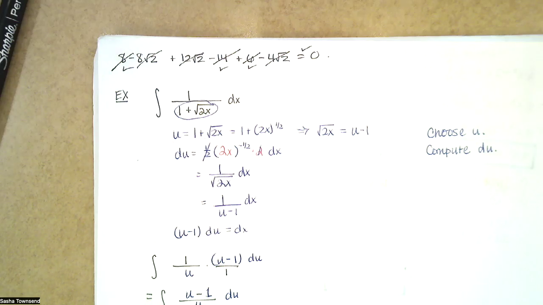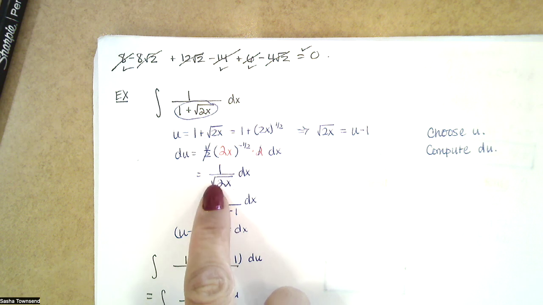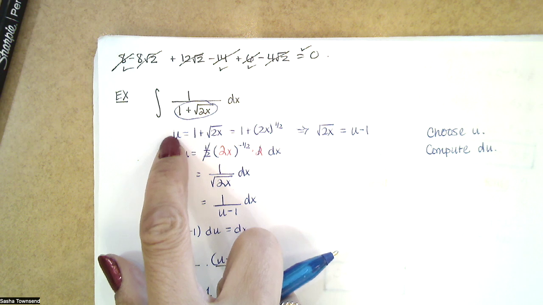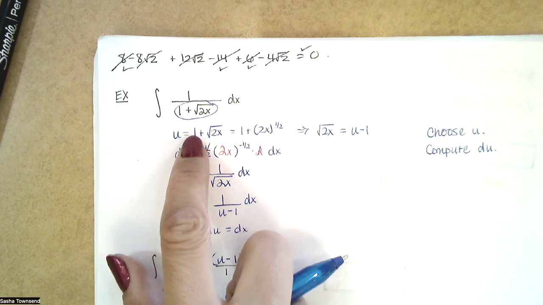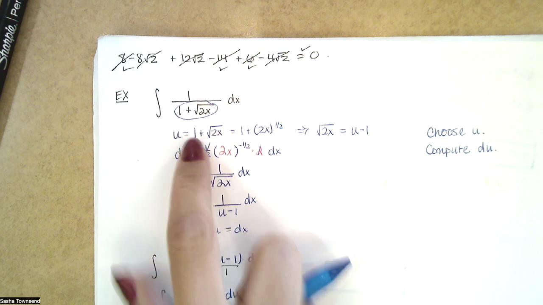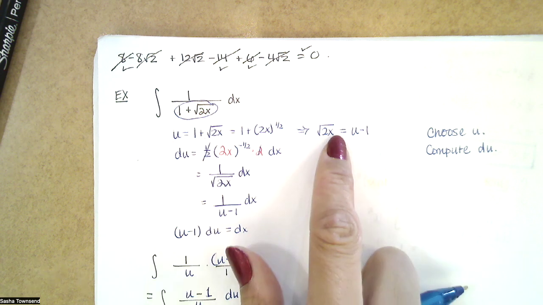Usually I would say, it's probably not my u-sub, I should quit. But I really need to do something. This time I was actually able to get this function of x in terms of u by solving this equation that told me that u was equal to 1 plus the square root of 2x. That allows me to get the square root of 2x in terms of u by solving for that expression in that equation. So we're able to do that.